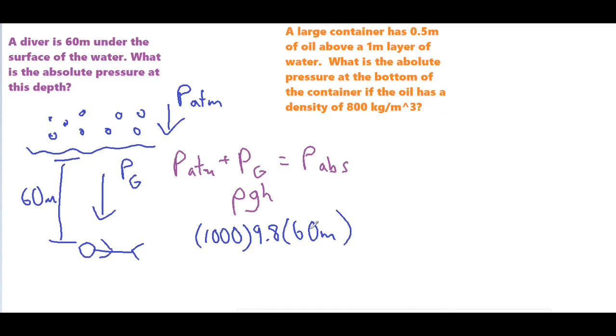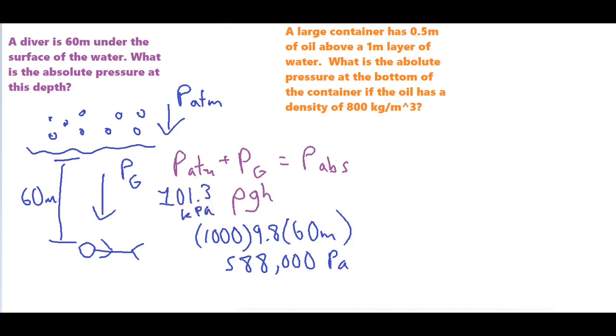Now, when we take the product of these 3, our number is going to come out to 588,000 pascals. Now before, for our standard number that we use for the atmospheric pressure, when we're in kilopascals, we had 101.3 kilopascals.